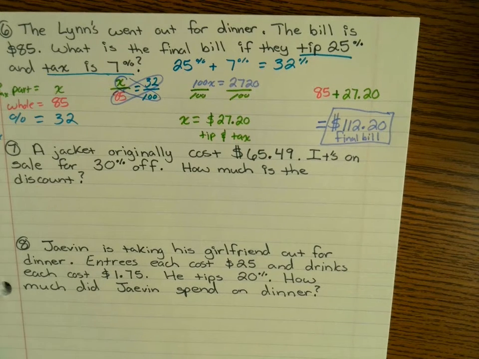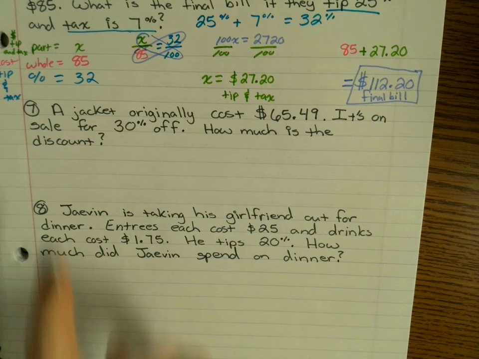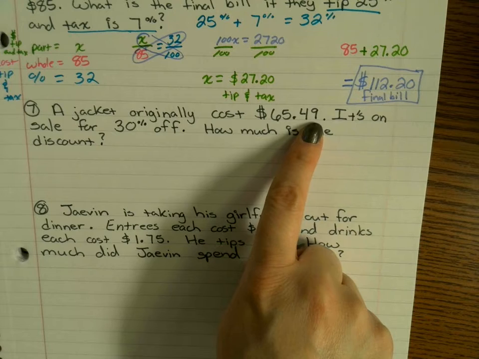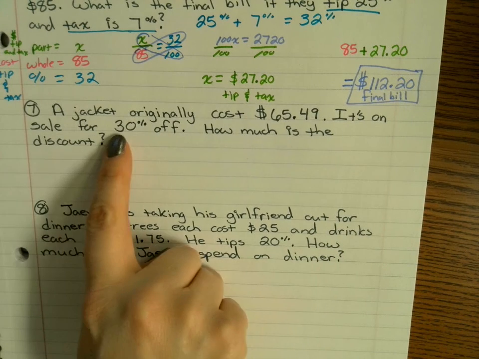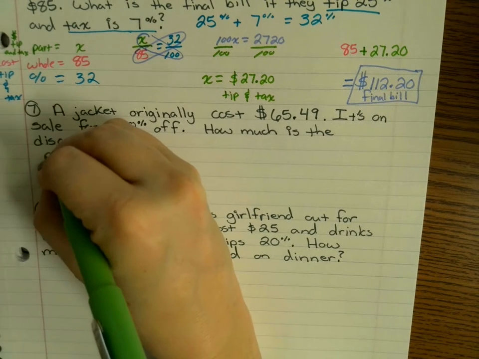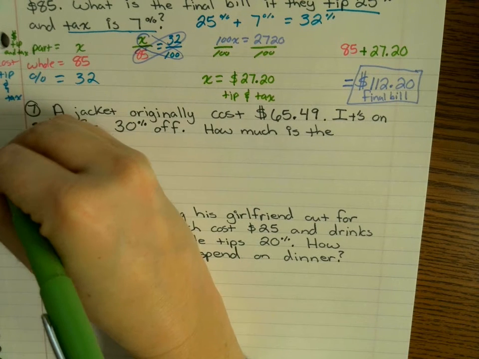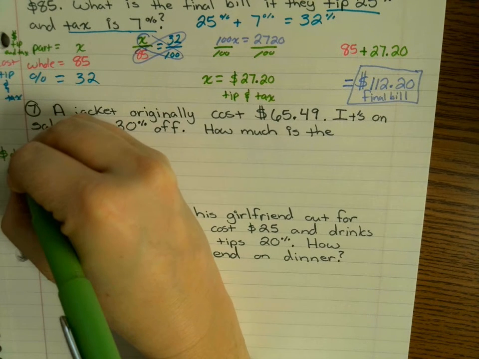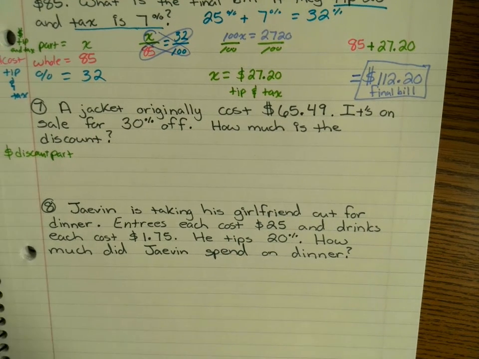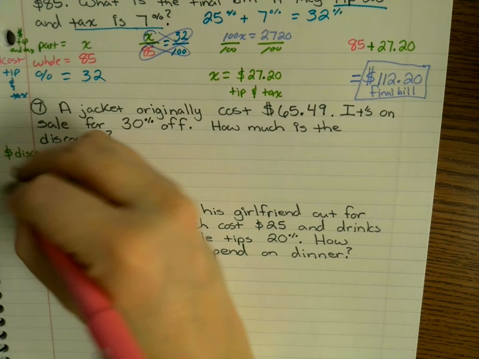Number 7, a jacket originally cost $65.49. It's on sale for 30% off. How much is the discount? Okay, so again, the part is going to be the money version of your discount, which we don't know, that's X. The whole is the cost.